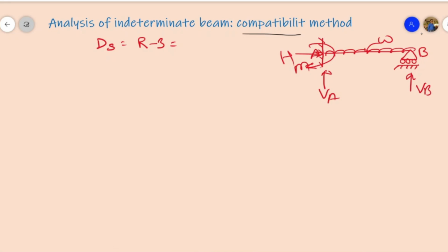One horizontal reaction H, one vertical reaction, one moment, that is 1, 2, 3, and one vertical reaction at support B. So the number of reactions is 4, and the available number of equilibrium equations to solve the beam or any structure is 3. So here the degree of static indeterminacy we get is 1. So we can say this propped cantilever beam is an indeterminate beam with degree of static indeterminacy 1, right?